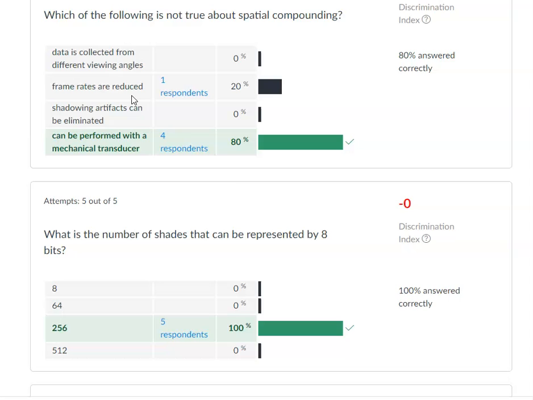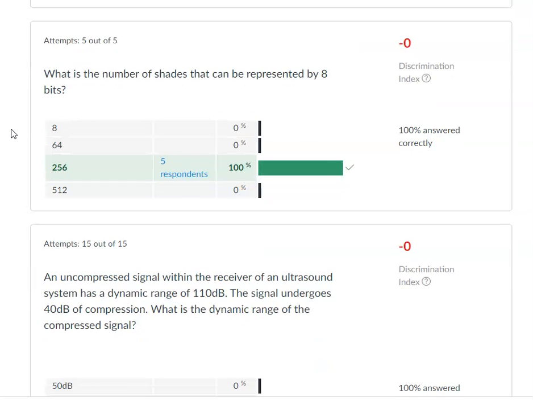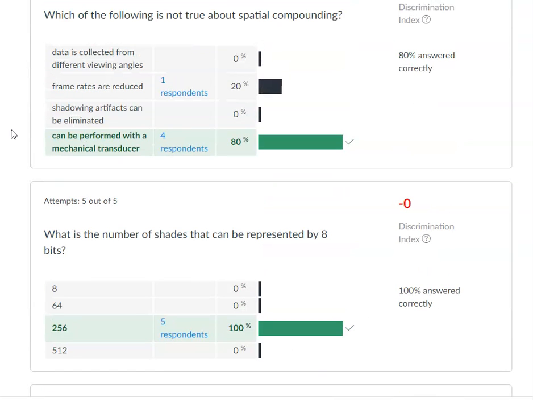So the one that is not true is that it can be performed with a mechanical transducer. I really hate those questions where it tells you what is not correct. You always end up finding, like in this situation, reduced as one negative and not as a double negative.